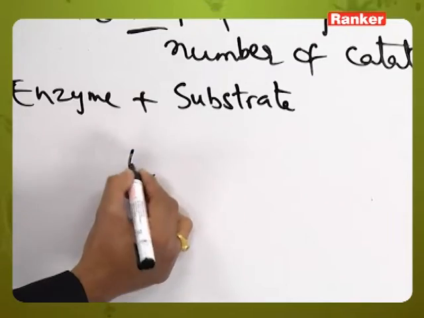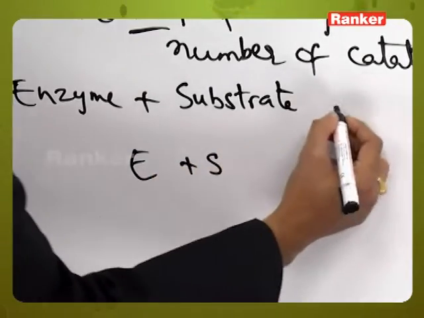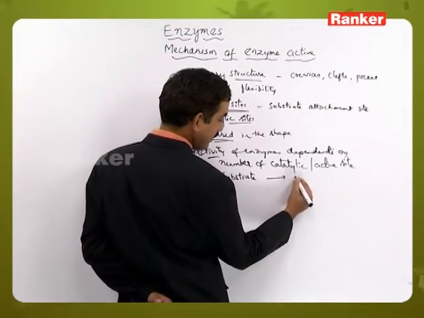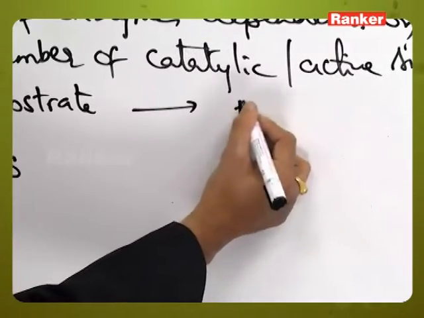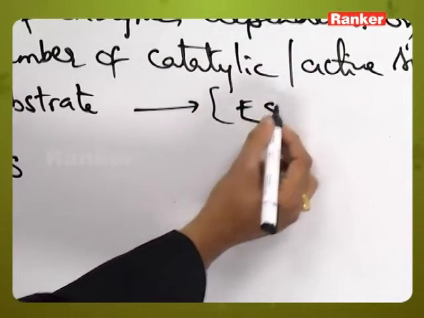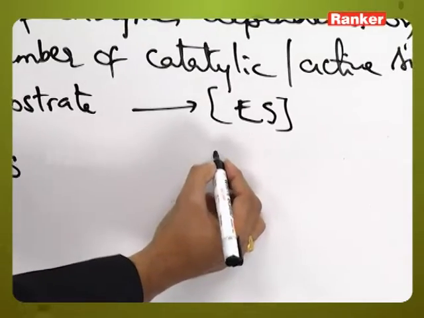We can show it as E plus S converted into an intermediate complex molecule called the enzyme substrate complex.